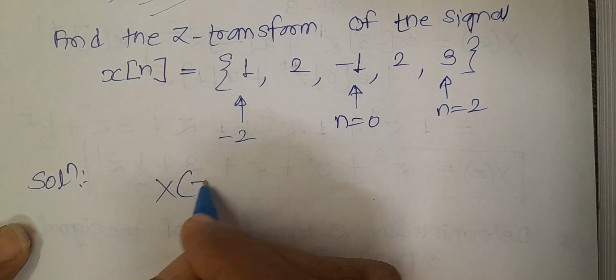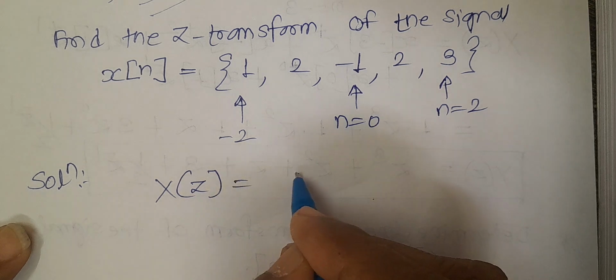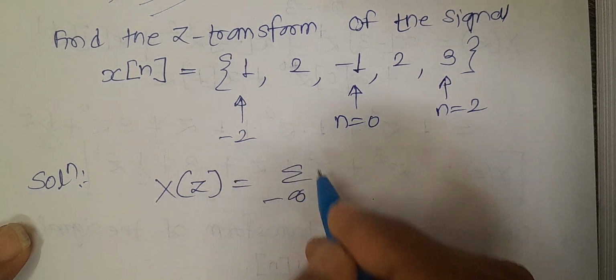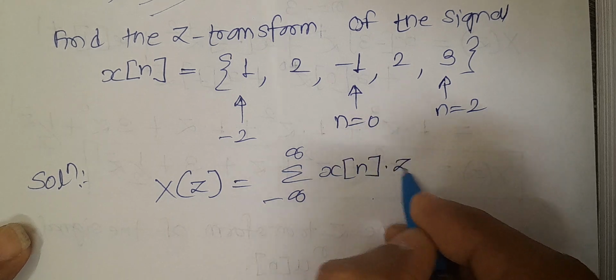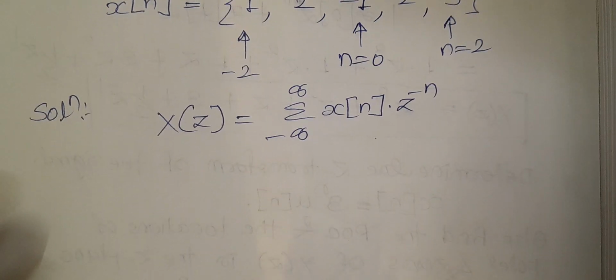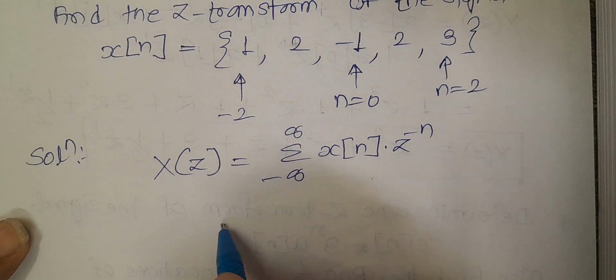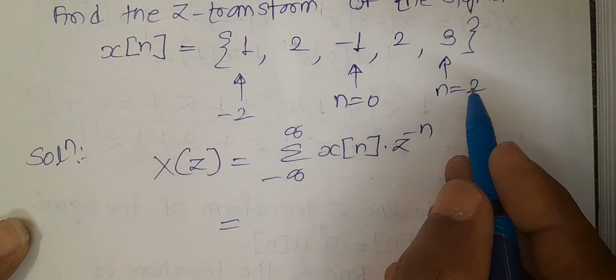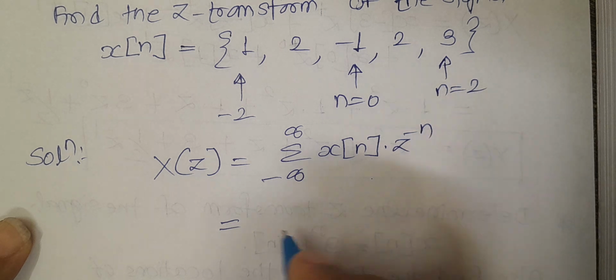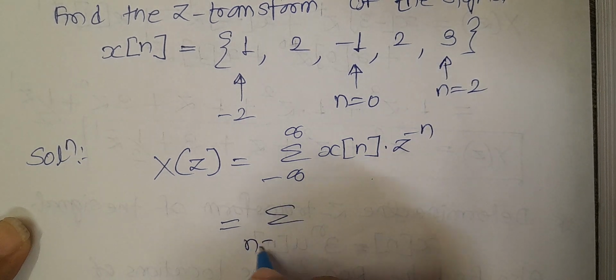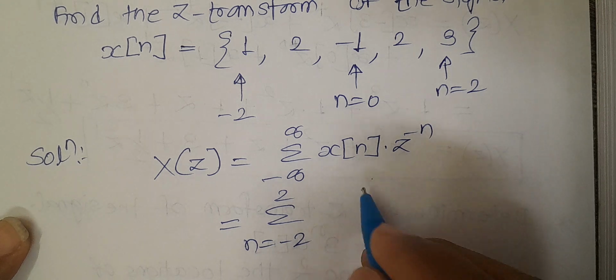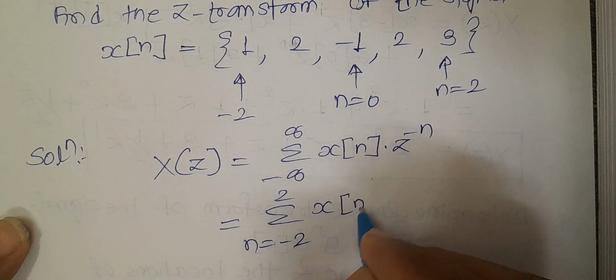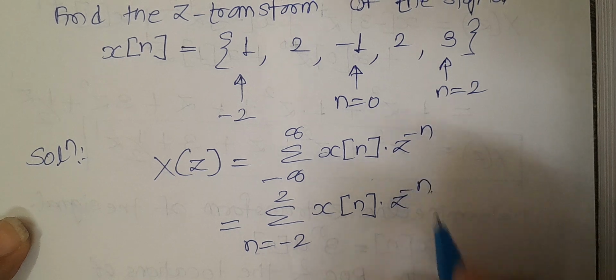x of z is equal to summation minus infinity to infinity x of n into z raised to power minus n. Therefore we have to start, the limit is minus 2 to 2. So n is equal to minus 2 to 2, x of n into z raised to power minus n.